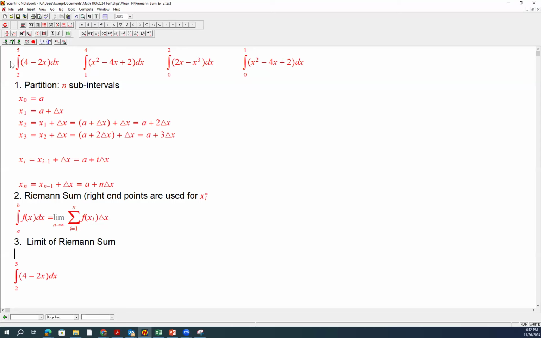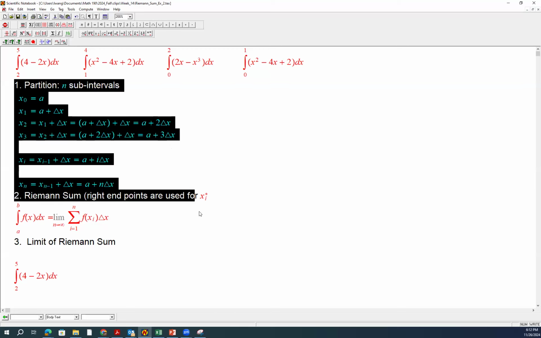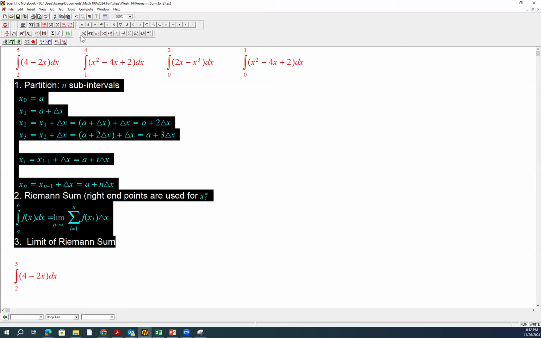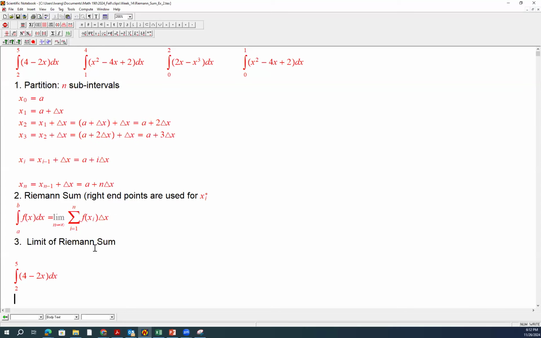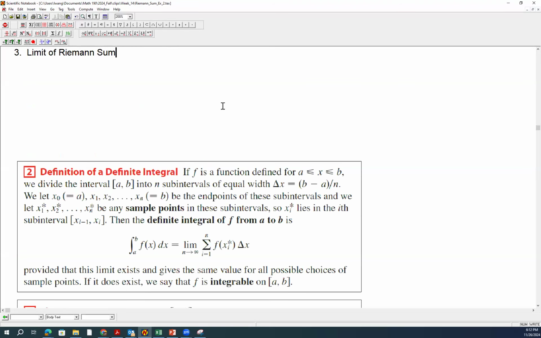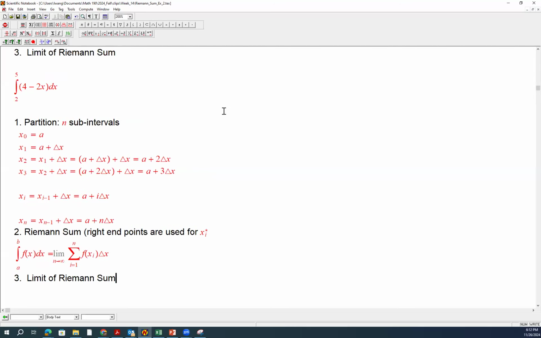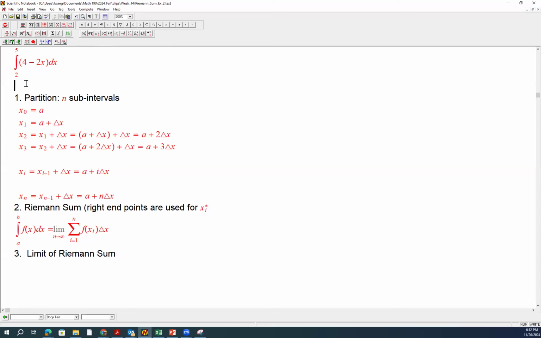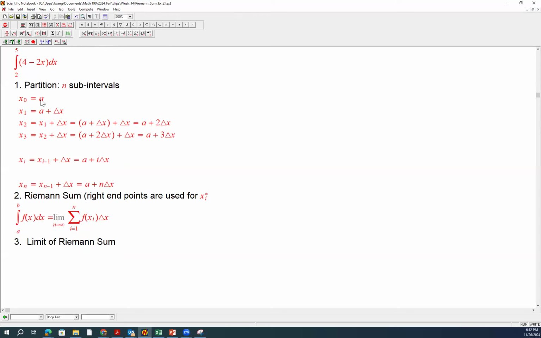The first question is probably one of the simplest ones. I'm going to repeat these 3 steps. We have explained all the reasons in the previous lesson. Example number 1. So here we go. On this one, you just have to identify what A is.